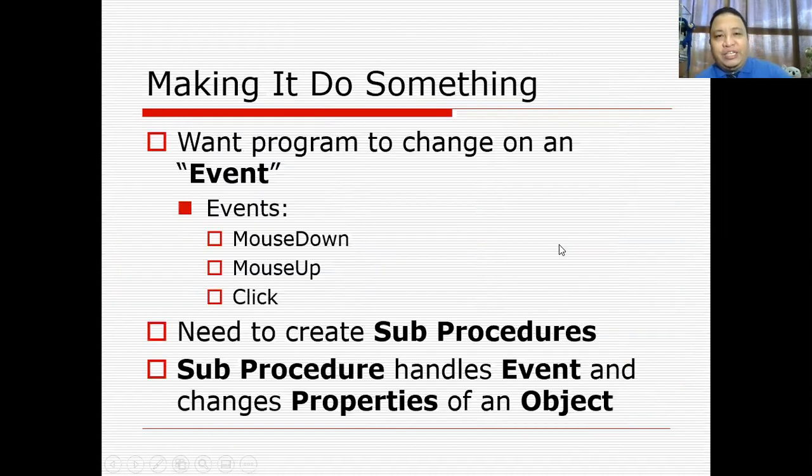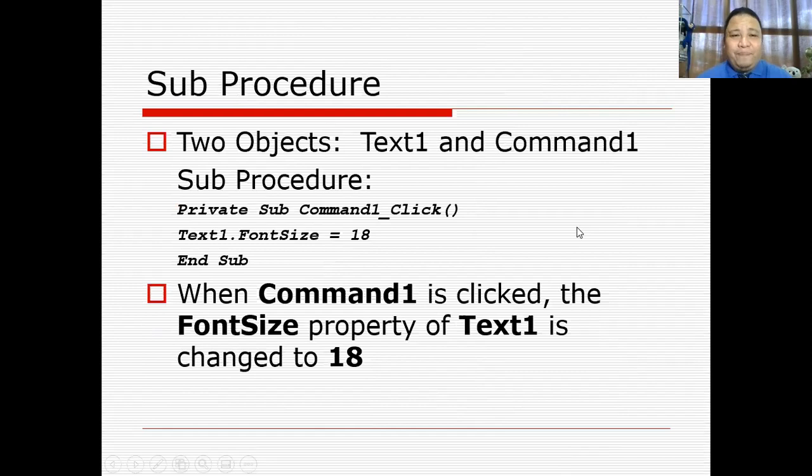One program changes on an event. Events are mouse down, mouse up, or click. So there's a need to create sub-procedures. Sub-procedures handle events and change properties of an object, for example two objects like Text1 and Command1. This is the usual code in Visual Basic.